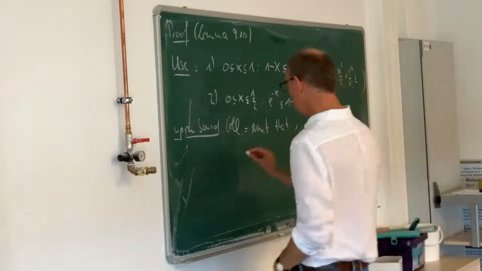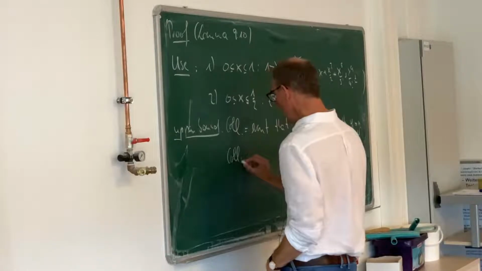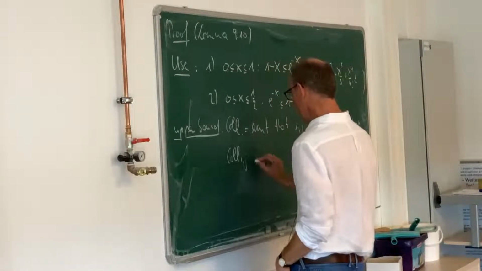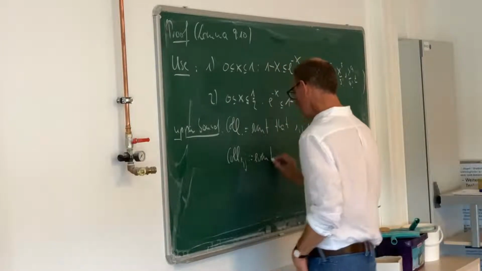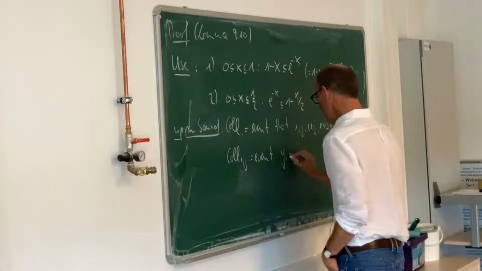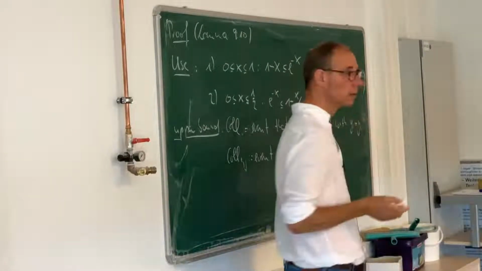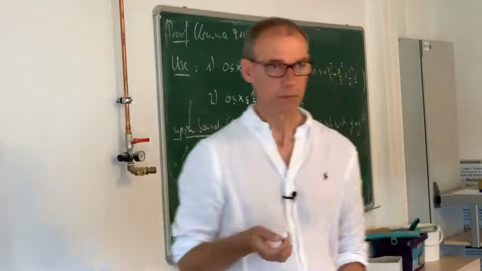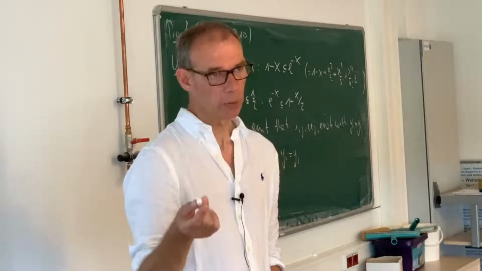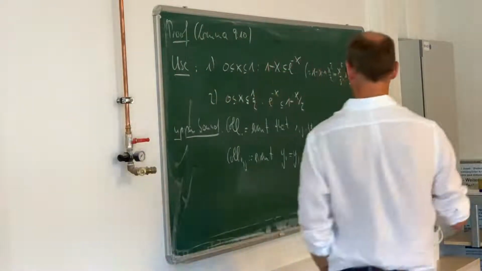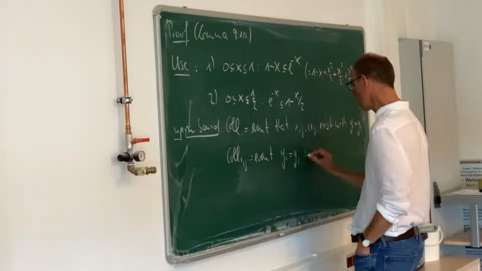And collision i comma j is the event that y_i is equal to y_j, so that there is a collision at i comma j. i is not equal to j here as well.